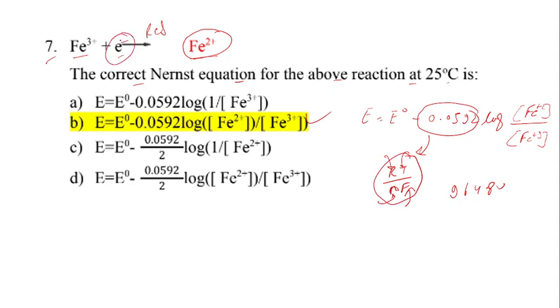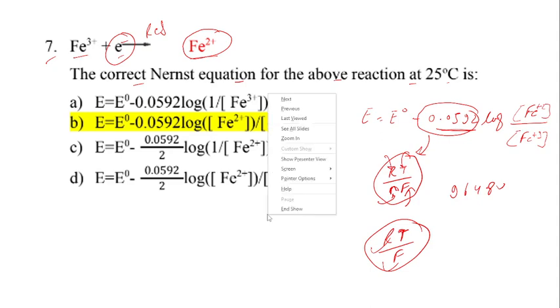Here it will be 1 because only 1 electron is taking part, so it is RT upon F only. Temperature we know at room temperature, R is the gas constant and F is the Faraday constant, so if you put in the values you will get this. And finally this is the Nernst equation for this question.